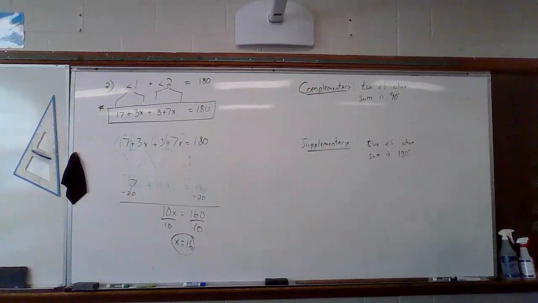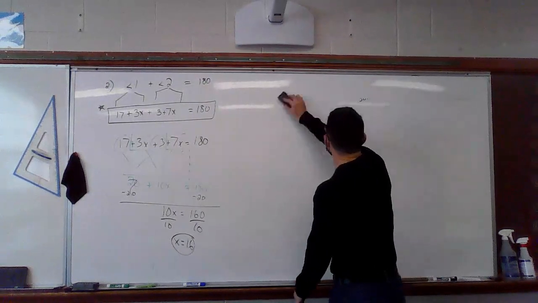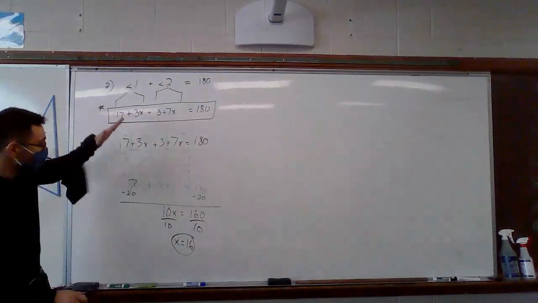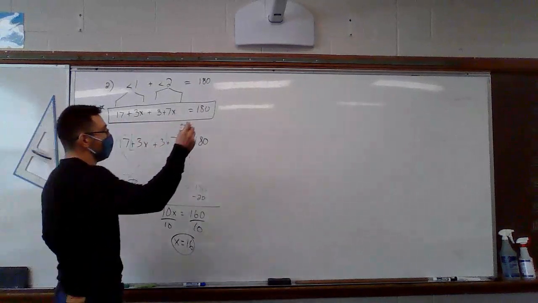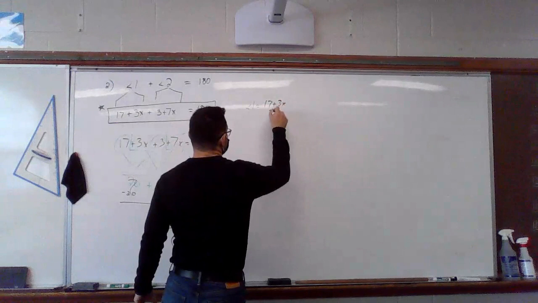This is why we did lesson 6 before lesson 5. Lesson 5 now says, hey, what's the measure of each angle? Oh, man. So not only did we have to write the equation, not only did we have to solve it, but now we need to say, okay, angle 1 was equal to 17 plus 3x.